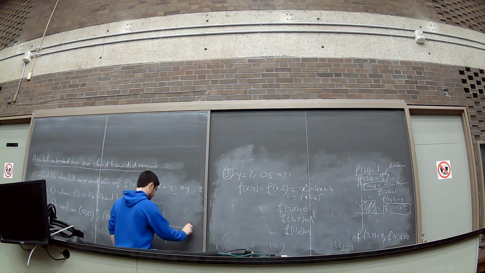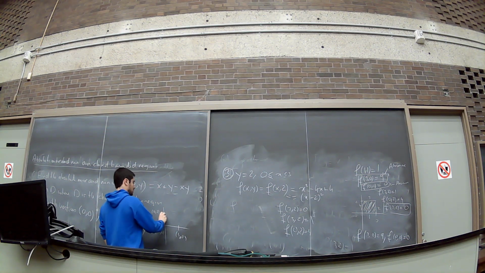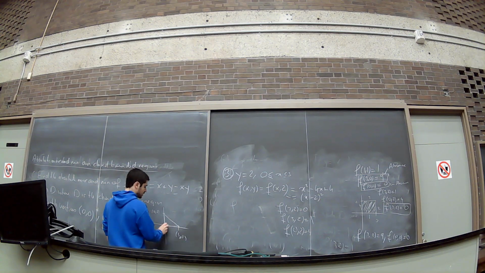So let's draw this. This is (0, 0), this is (4, 0), and this is (0, 2). And I want it over this closed triangular region.